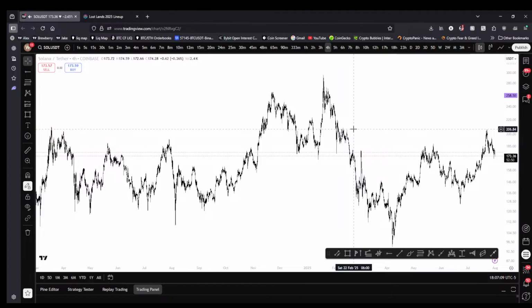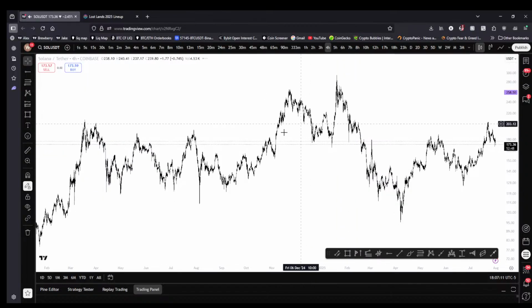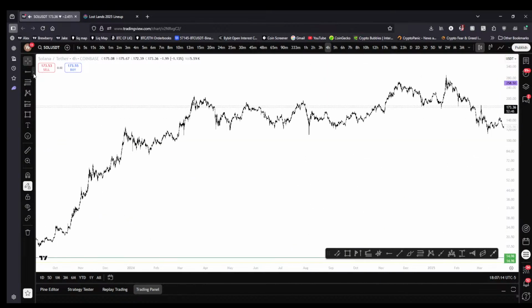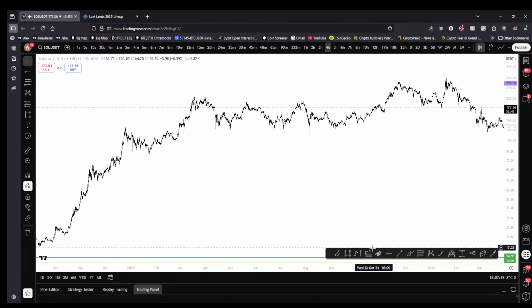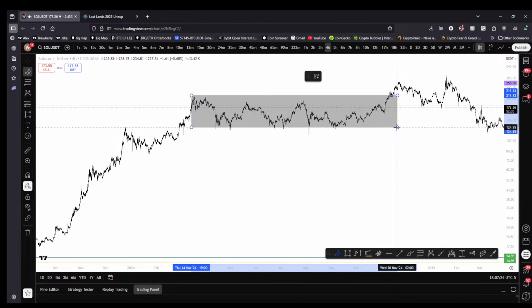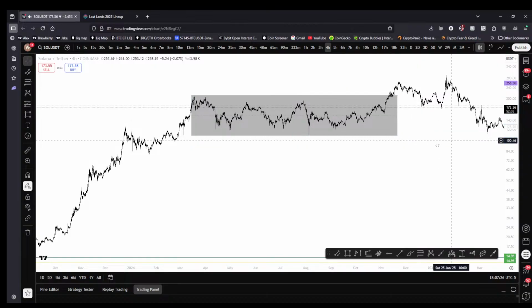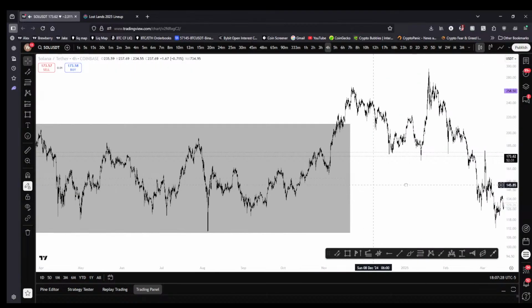Let's talk about decision blocks. Okay? So when you have a macro range, or just a range in general, or let's talk about decision demand rather.